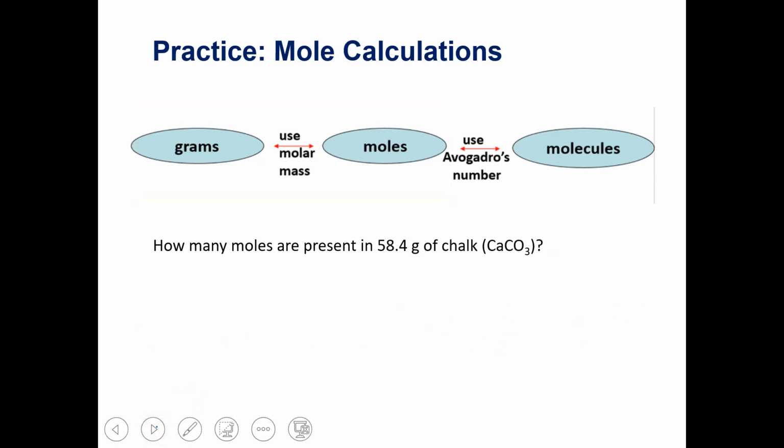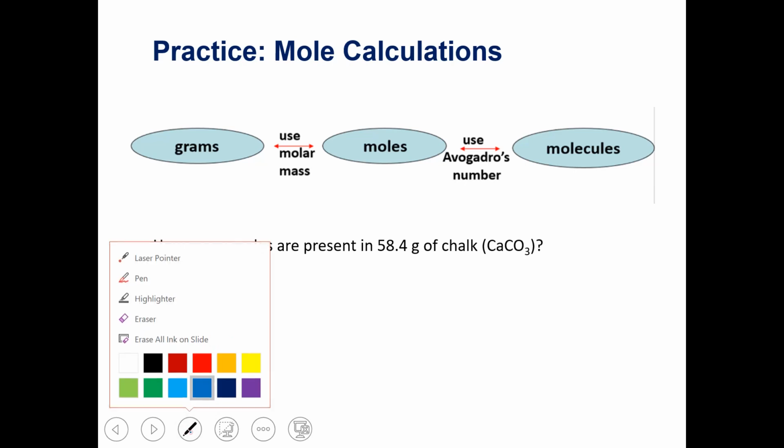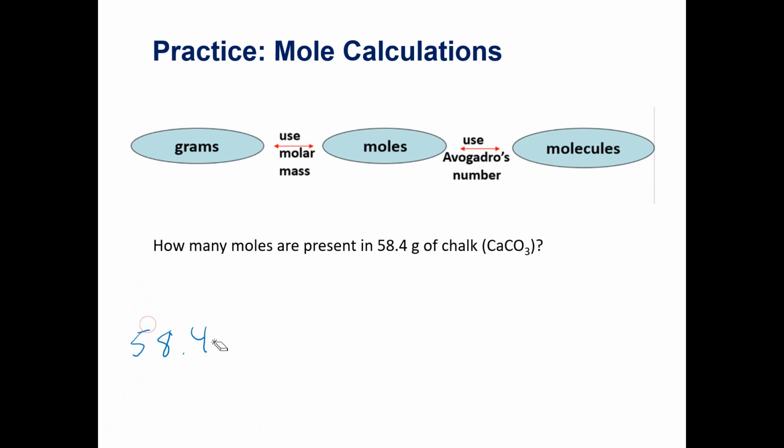Okay, let's look at one more example here. We have 58.4 grams of chalk, which is calcium carbonate. And we want to know how many moles that is. So look up on your periodic table the molar mass of calcium, carbon, and oxygen, and calculate the molar mass of calcium carbonate.